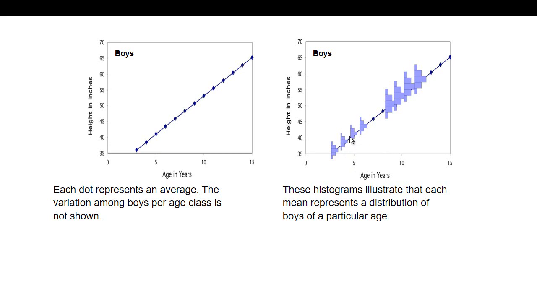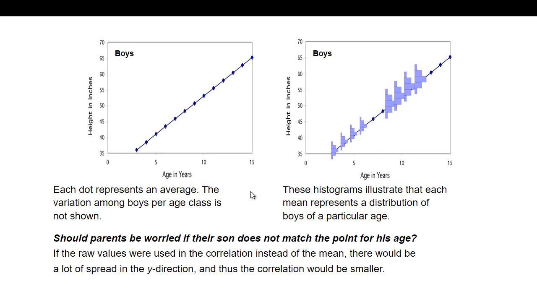The histogram above 5 represents the distribution of height of 5-year-old boys. So the mean height represents a distribution of boys of a particular age. If raw data values were used in the correlation instead of the mean, there would be a lot of spread in the y direction, and thus the correlation would be smaller.